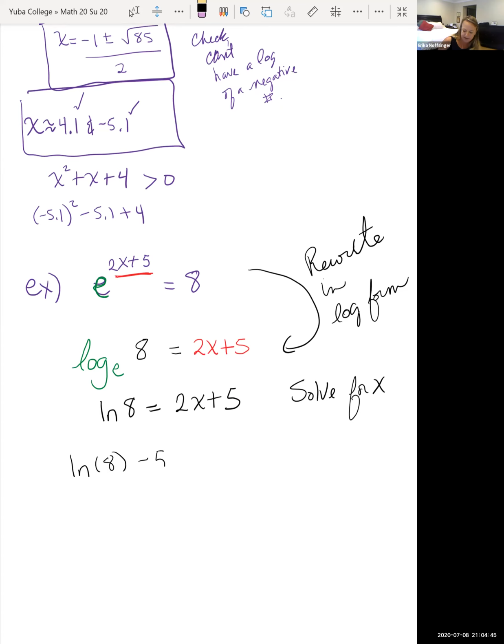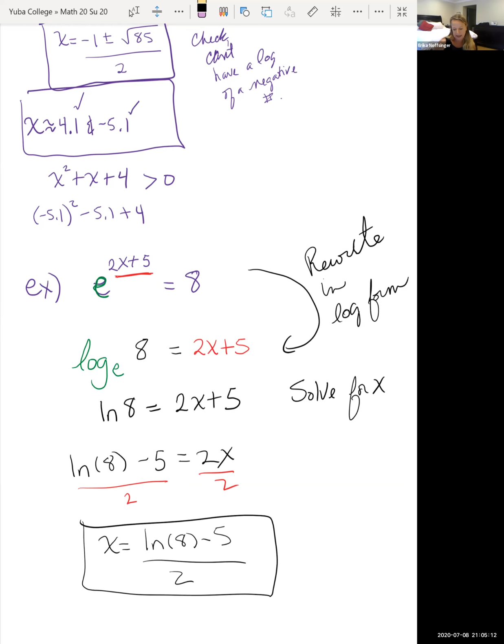So minus 5 is outside of that natural log, is equal to 2x. Divide both sides by 2 to get x by itself. So we get that x is equal to ln of 8 minus 5, all over 2. And that would be our exact answer.